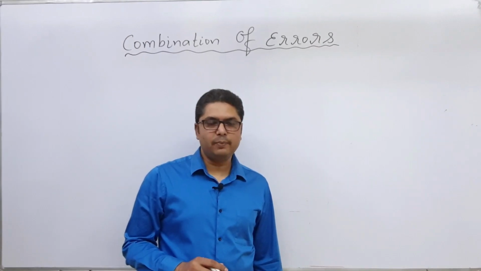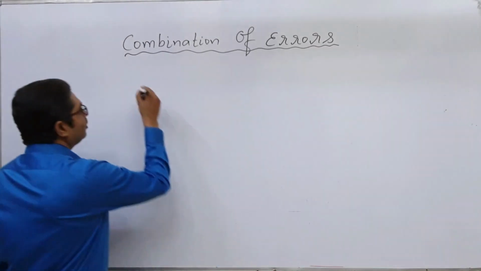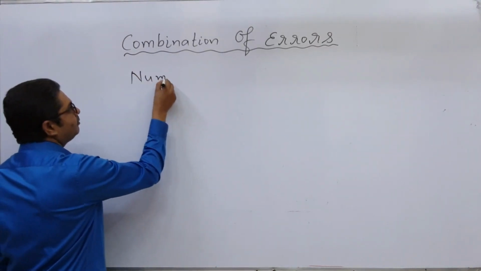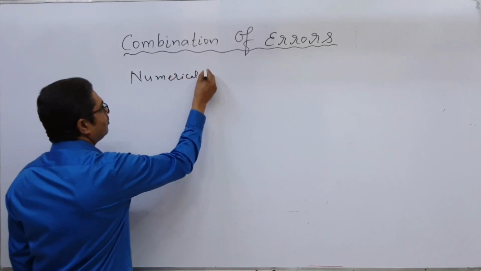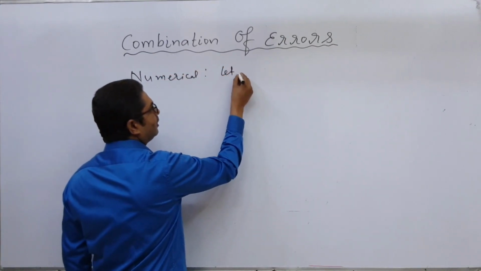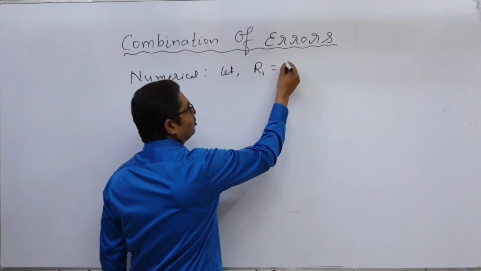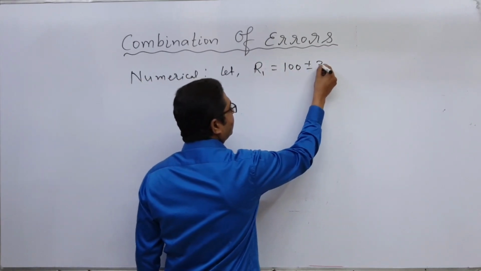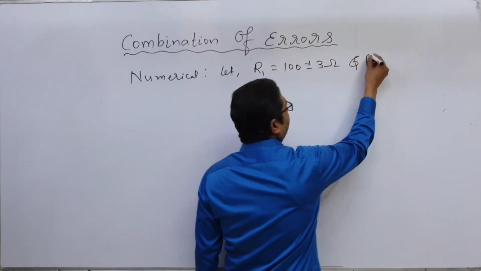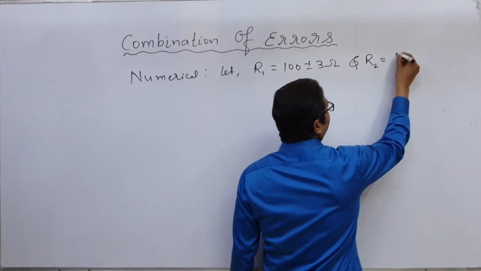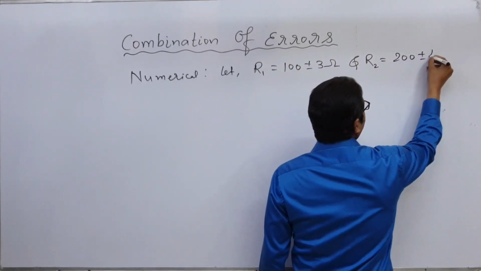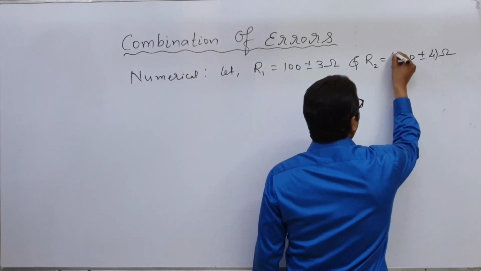Let us see a numerical based on this. Let R1 equal to 100 plus minus 3 ohm and R2 equal to 200 plus minus 4 ohm.